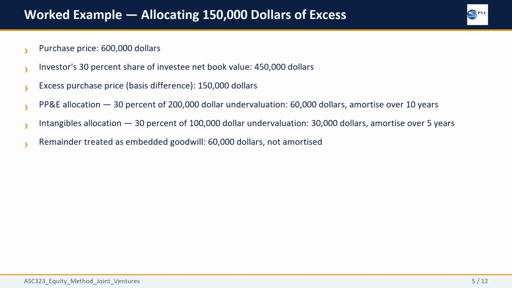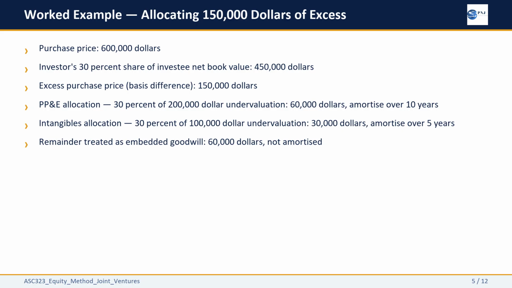Here is how the numbers work in practice. You paid $600,000 for a 30% stake. Your share of the investee's net book value is only $450,000. That leaves a $150,000 basis difference to allocate. The investee's property and equipment is undervalued by $200,000 on its books.